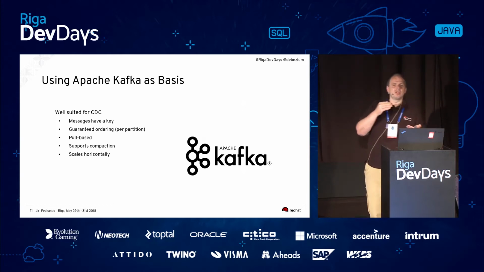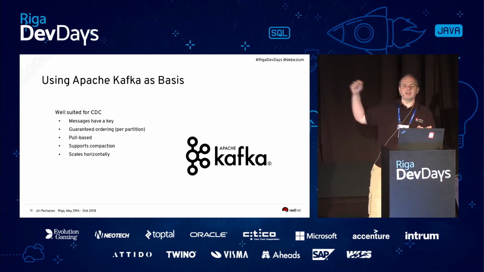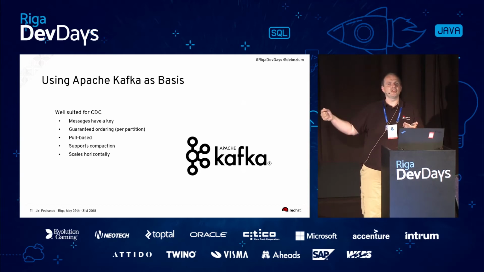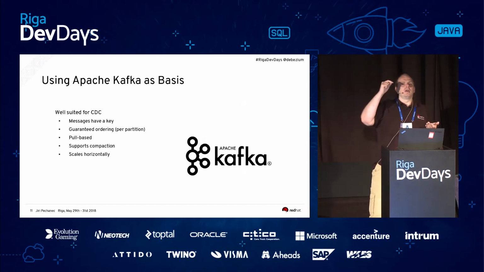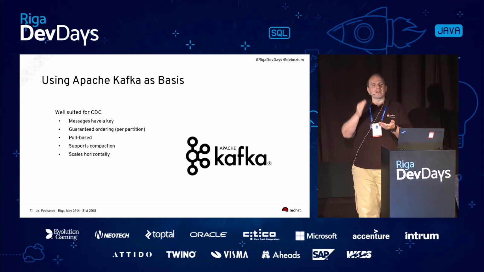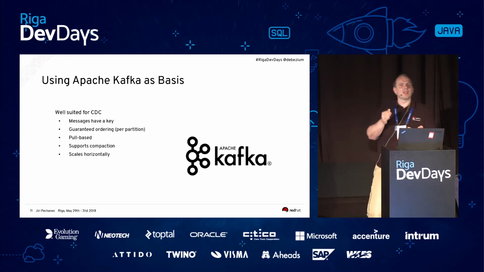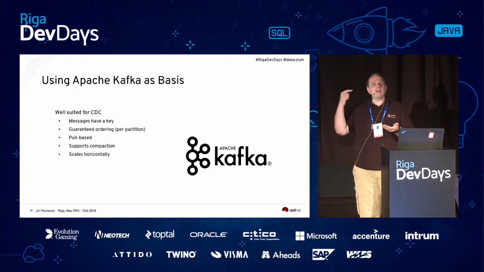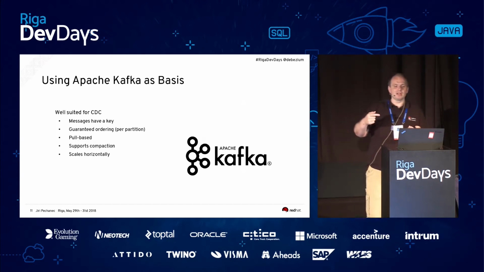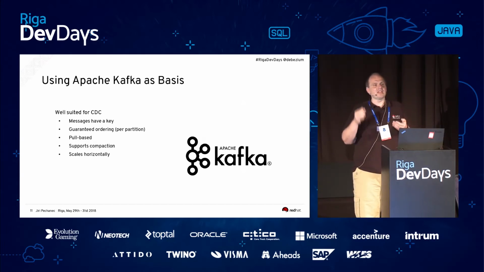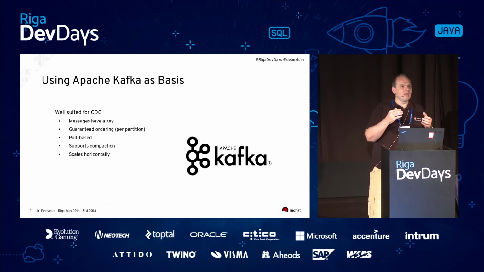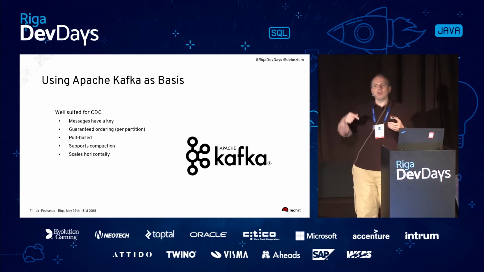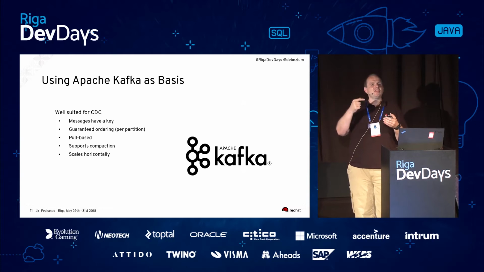The source of the messages can send a special message that says, I am removing all the messages that have this primary key. And when Kafka is rotating its logs, it automatically compacts them and removes all obsolete messages that were related to this deleted entity.